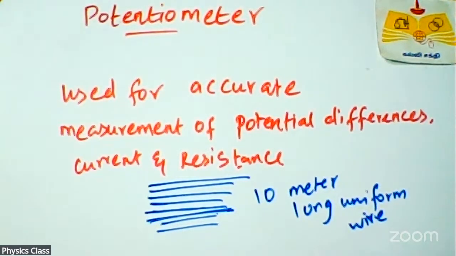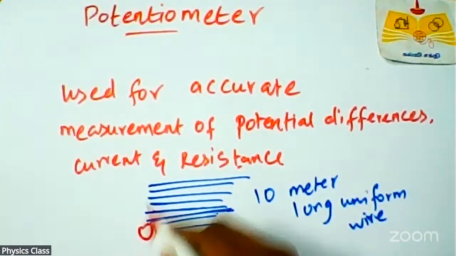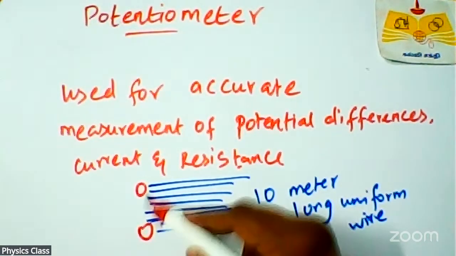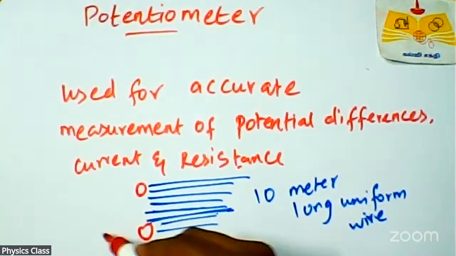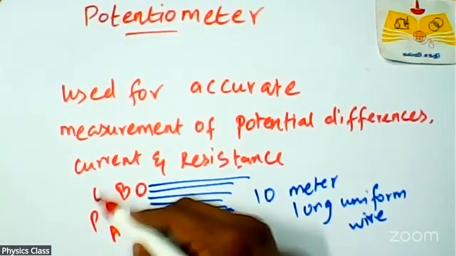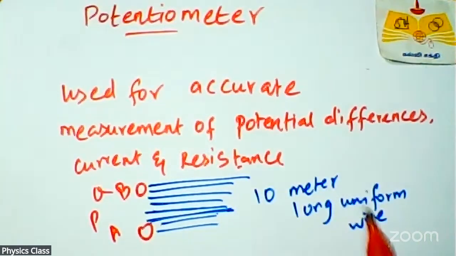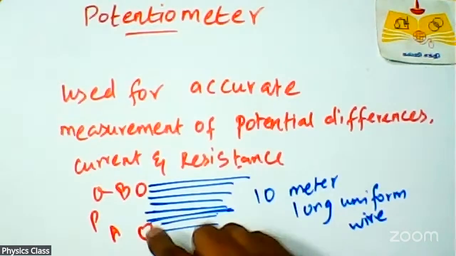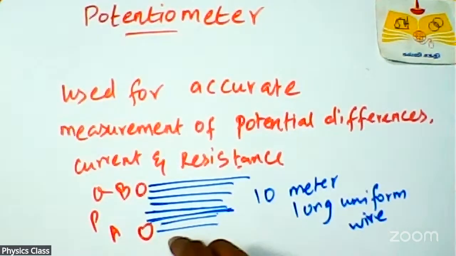There are two ends, one end here and one end here. These are the free ends. It may be called A and B or P and Q, whatever symbol we can use. But those ends are the free ends of this structure.